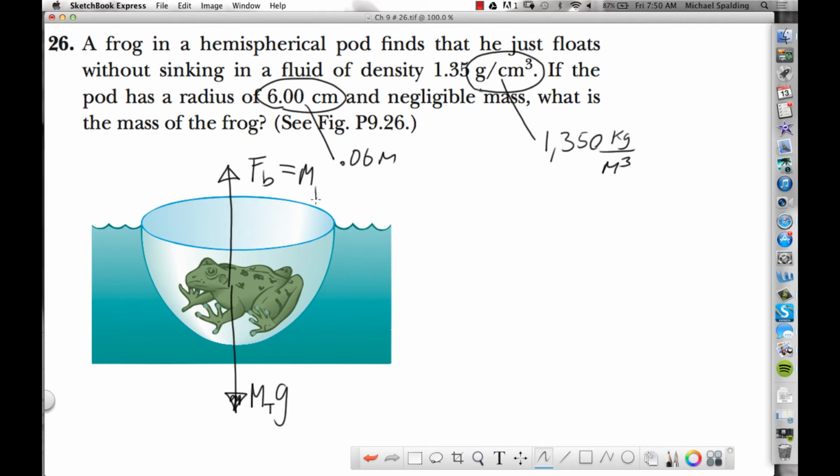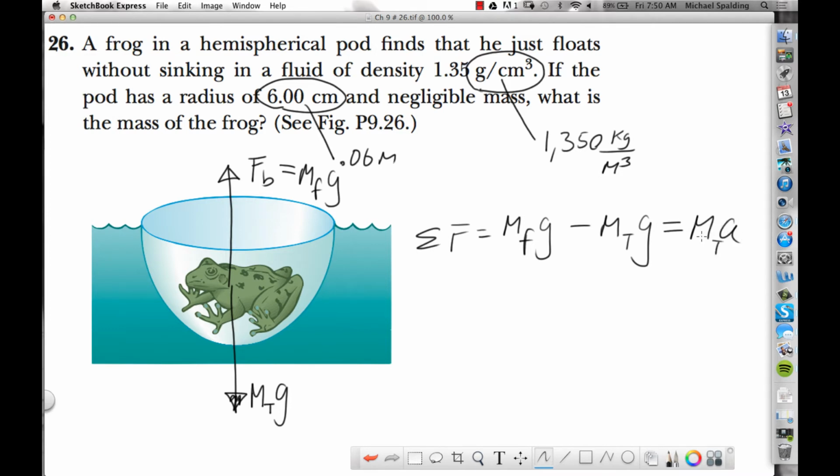So that's going to be mass of fluid times gravity. Okay? Now, we sum the forces. So we're going to have mass of fluid times gravity up, mass of toad times gravity down. That's going to equal ma, where this is the mass of the toad.